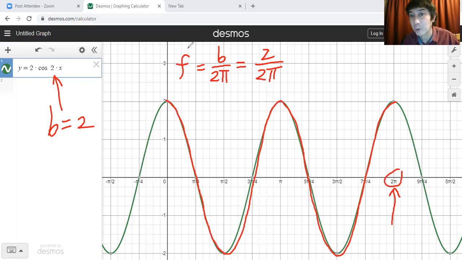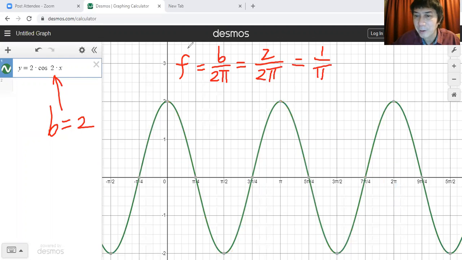Now, if you reduce this to lowest terms, instead of 2 over 2 pi, this looks like 1 over pi. And where is that 1 every pi? Here is the pi. It says here 1 complete cycle per pi value.